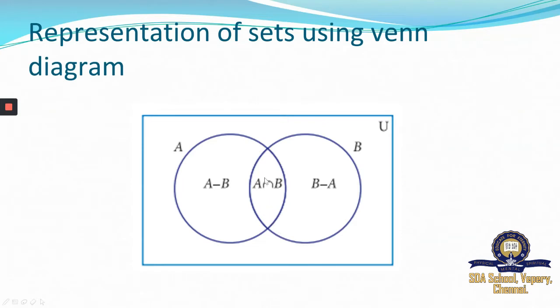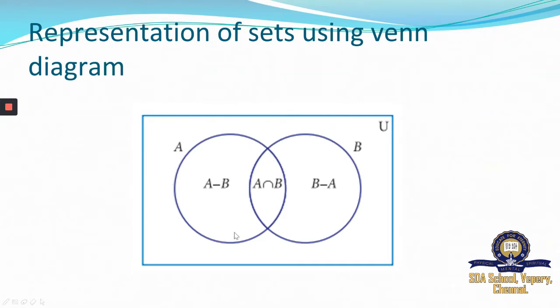This circle is completely excluded. So A − B means it is just till here. Got it, students? Next, B − A means it is just the B set only, till here.